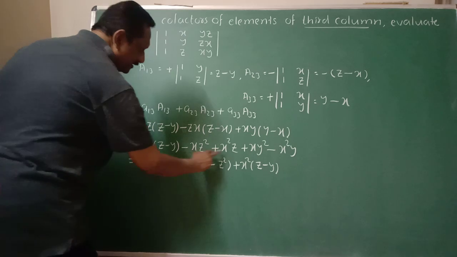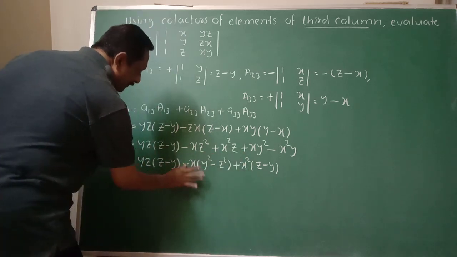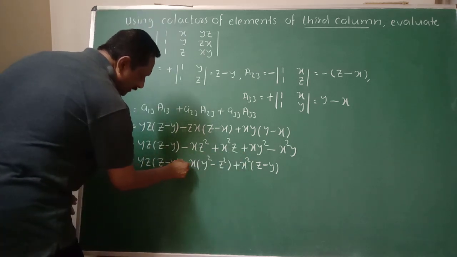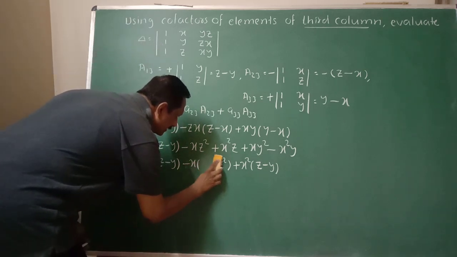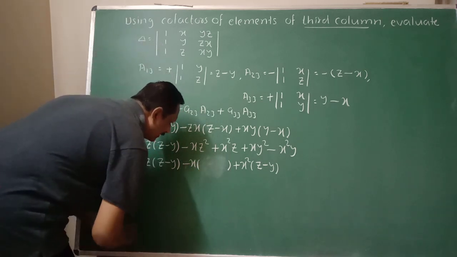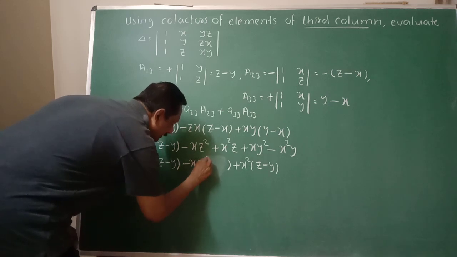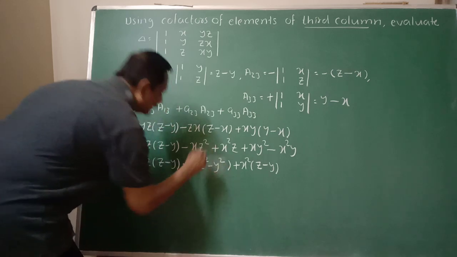If you take a minus common factor, then y square minus z square becomes z square minus y square.